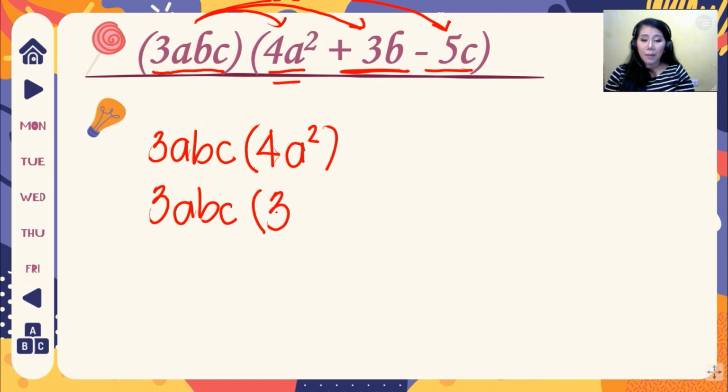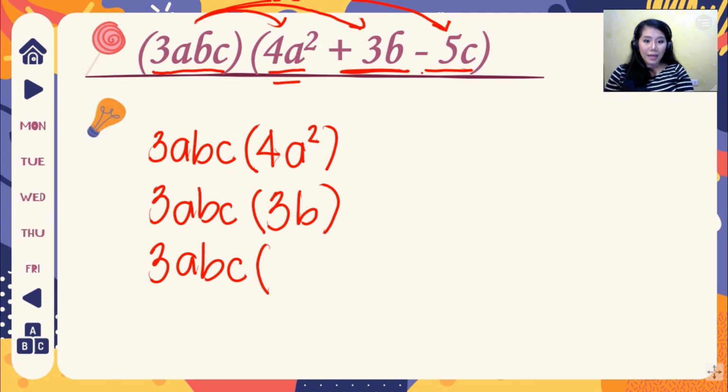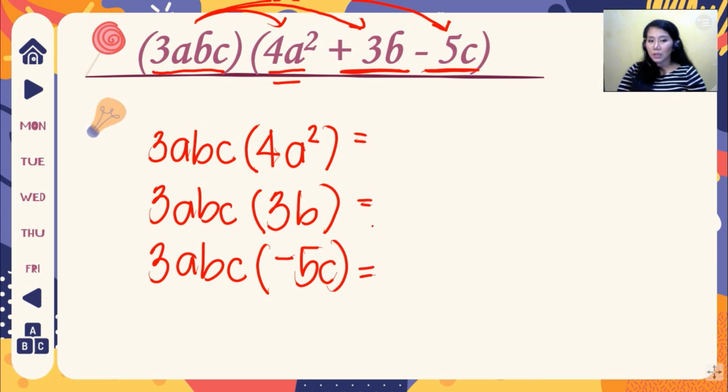Positive 3b. Pero I don't write it anymore. I will not write a positive sign anymore kasi understood naman na yun. Then, si 3abc ulit pinamumultiply kay negative. Okay. So, negative 5c. Okay? So, multiply na natin sila. Alright? Pag na-multiply natin, what will be our final answer?